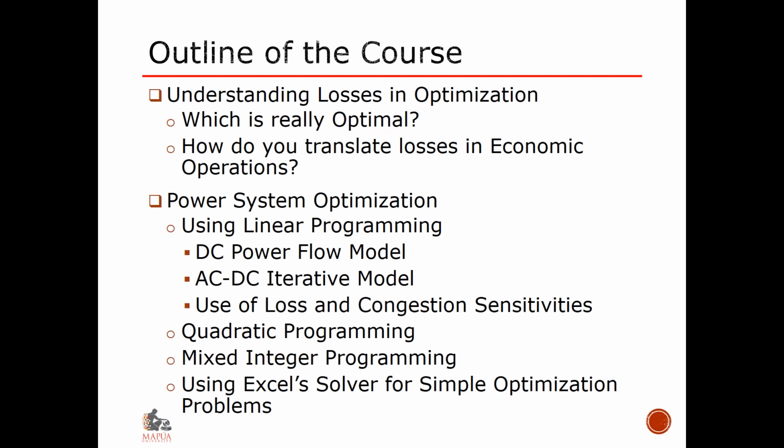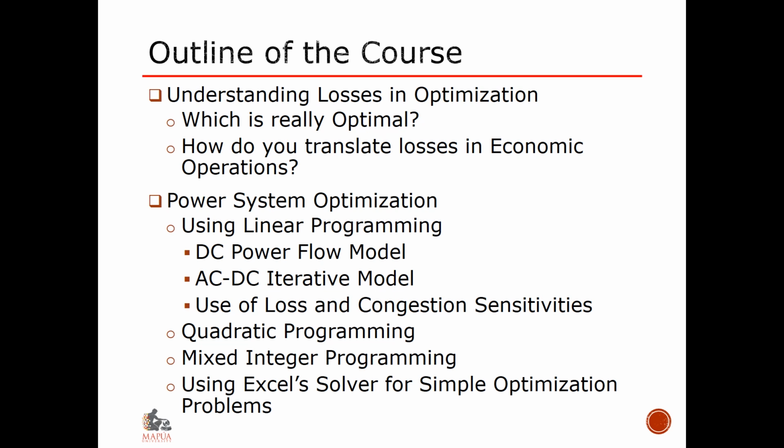And there's such a thing called an AC-DC iterative model. And from this model, which most commercial systems use, how do loss and congestion take part in the optimization? How are they incorporated? So we'll be using what we call sensitivities.